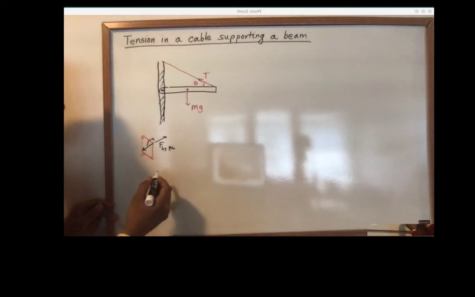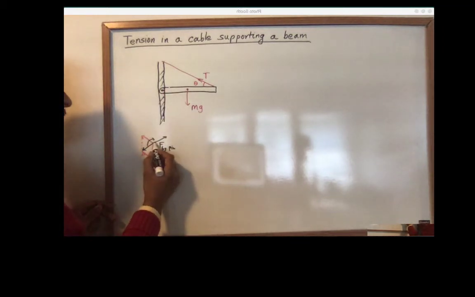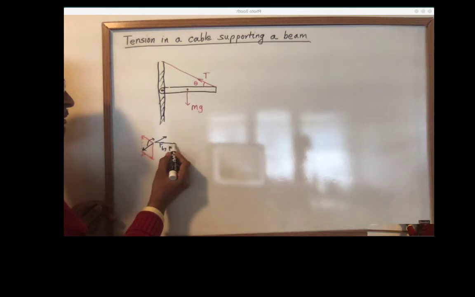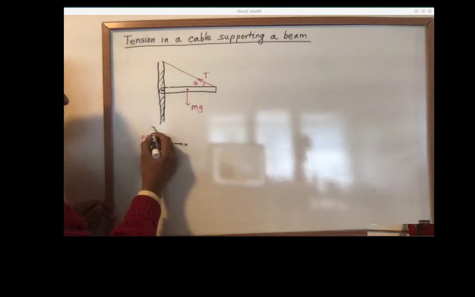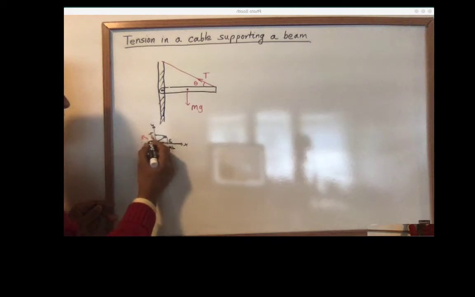We can find it. Normally the force by the pin, we address by its x and y components. If this is the x direction and this is the y direction, the pin will have some x component, some y component, so some fx, some fy.